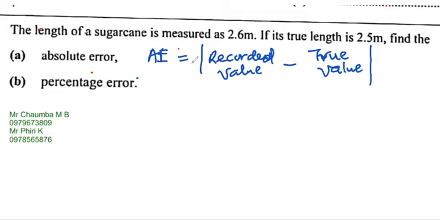Recorded value minus true value. Either way, you need to understand the answer of the absolute. Even if we started with the other one, it will still be the same thing.